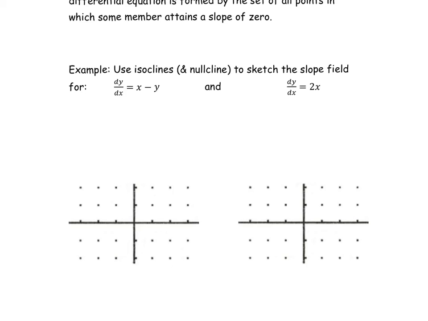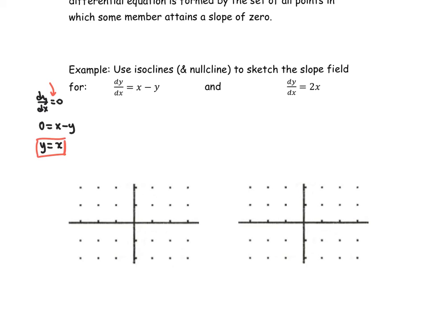So if I want to know where dy dx equals 0, I'm going to set the derivative equal to 0, and I'm going to solve for y. Well, y would equal x. What that means is that along the curve, the isocline y equals x, our slope is equal to 0.